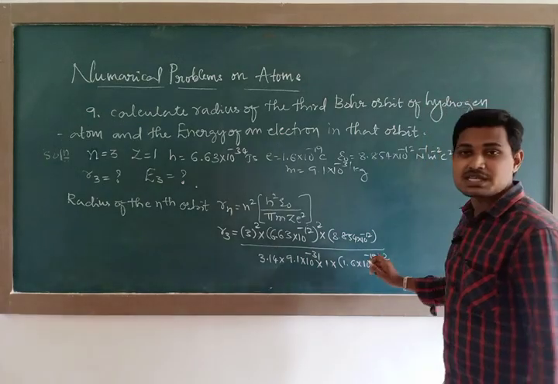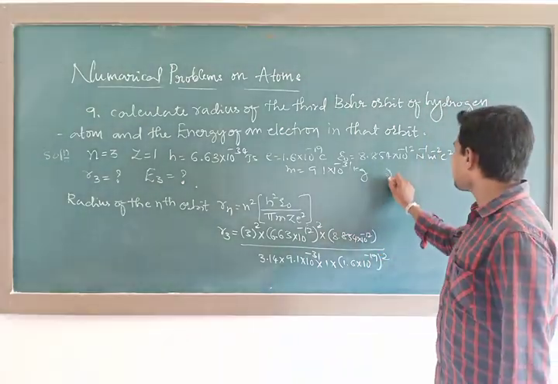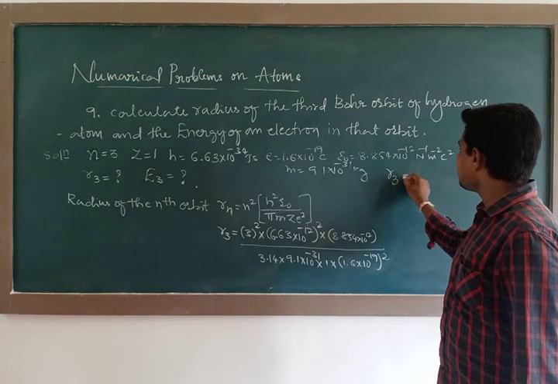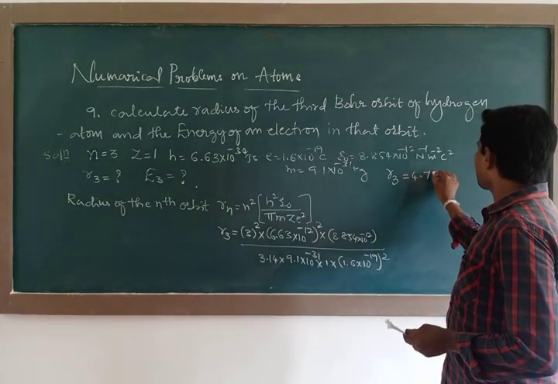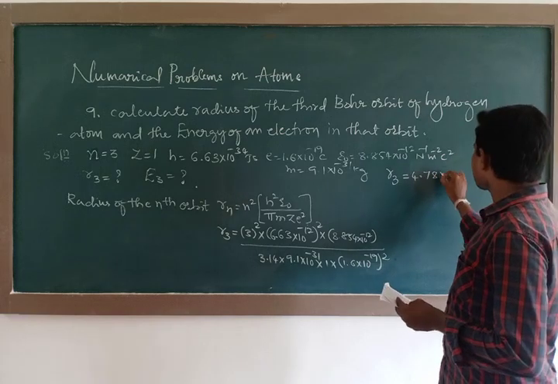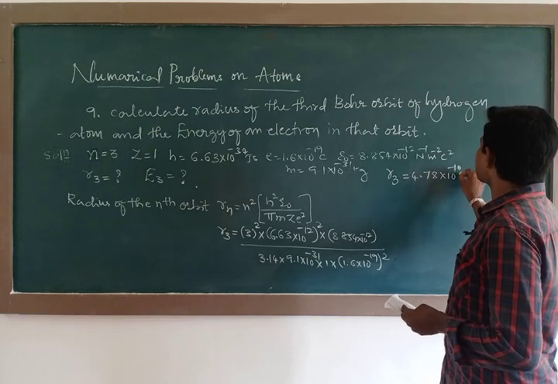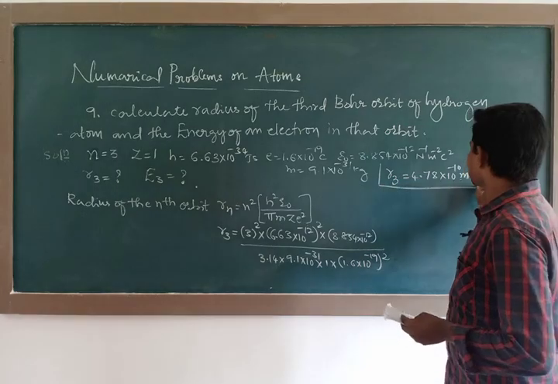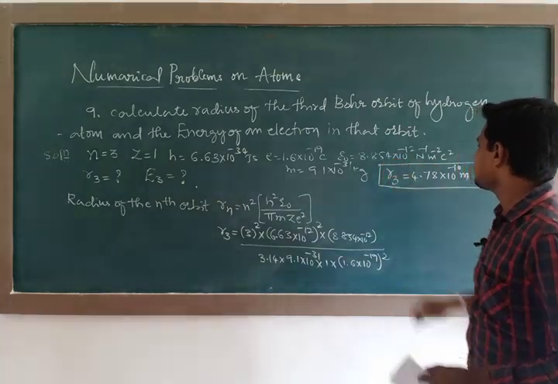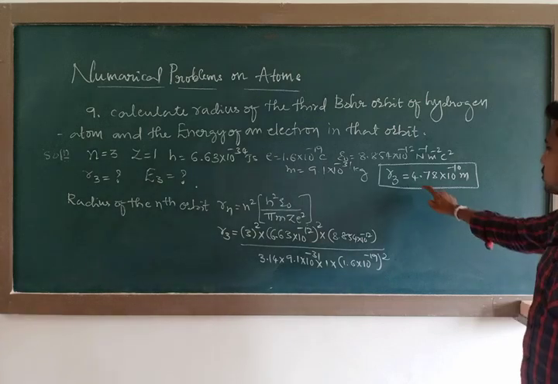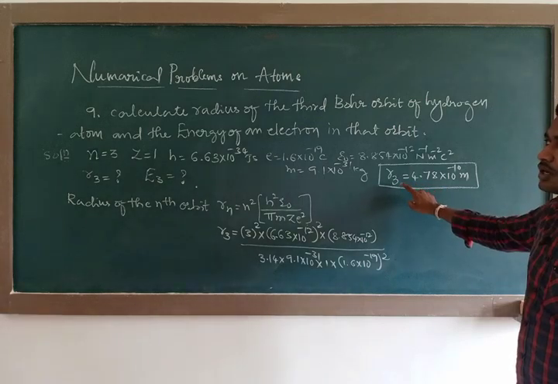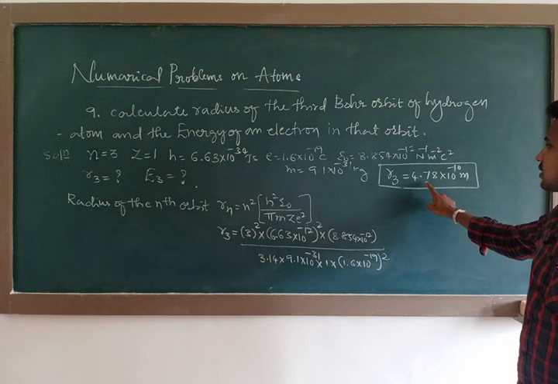The final answer R3 will be 4.78 into 10 raised to minus 10 meter. So this is the radius of the third Bohr orbit of hydrogen atom.